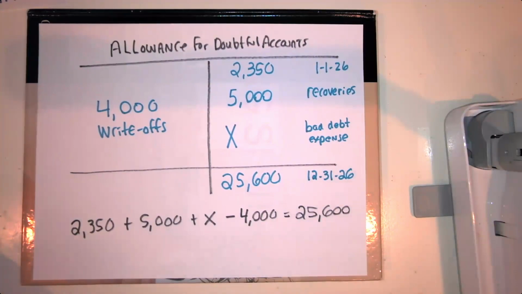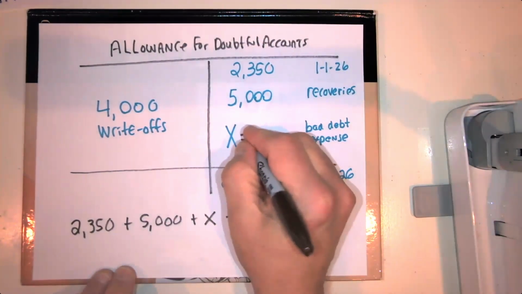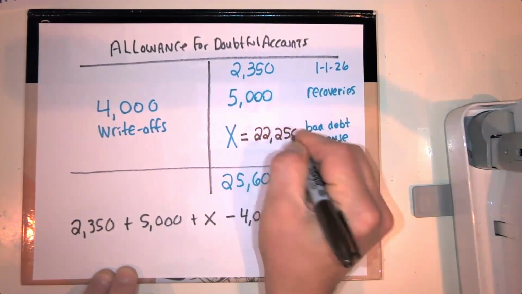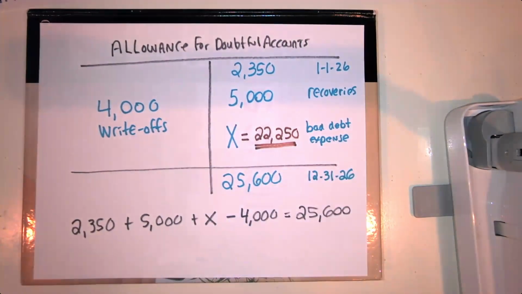Solving for X, the bad debt expense estimate for the year using the aging method, 22,250. That's a good one. That's a real good one.